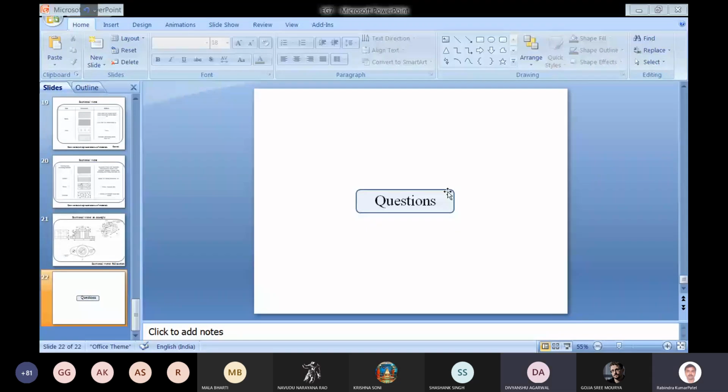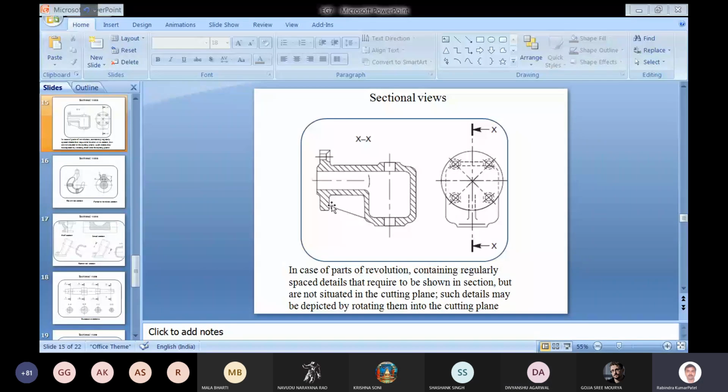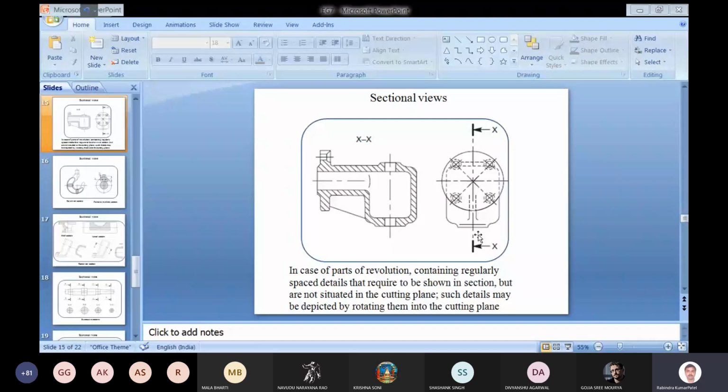Can you explain the sectional view for the thin parts again? Thin parts, yes. Like here, it is just like a web or stiffener type of thing. Means a thin plate is connected by this and this, and the cutting plane, you can see, is passing through this thin part.